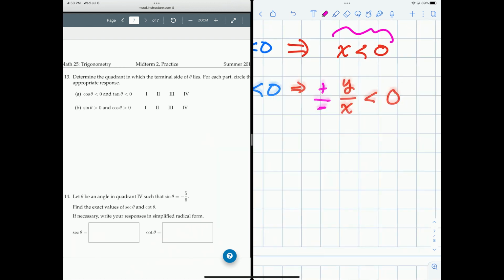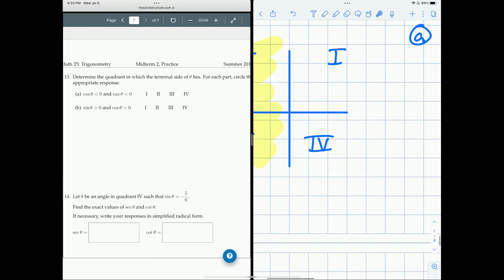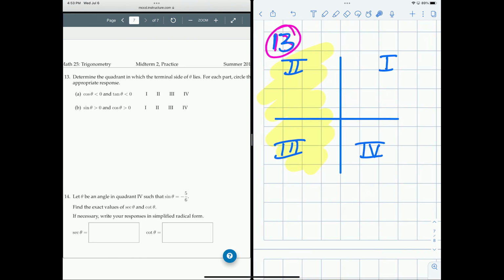Why? If the bottom's negative, a negative over a negative would be positive. But they tell us it's less than 0. So in order to be less than 0, one's got to be plus, one's got to be minus. If the x is minus, then the y is plus, which means the y value is positive. So if the y value is positive, you're up here.